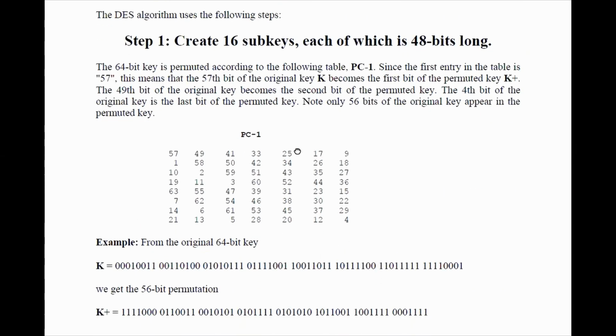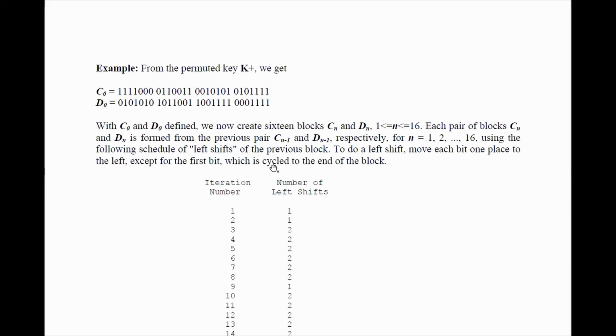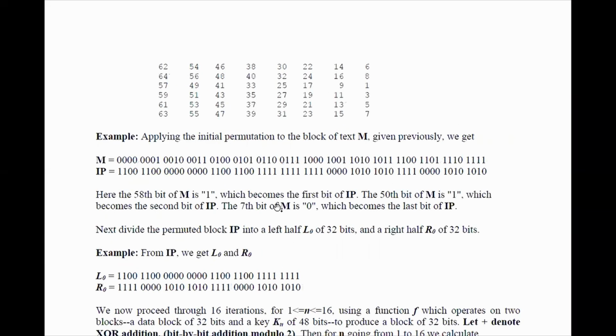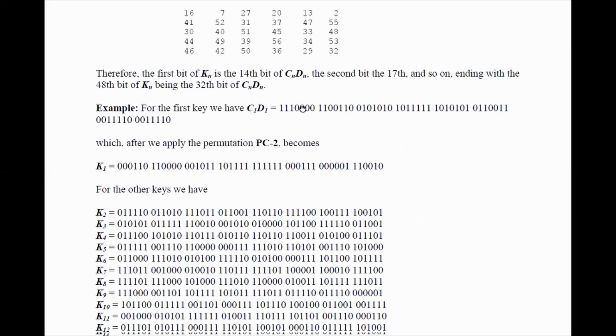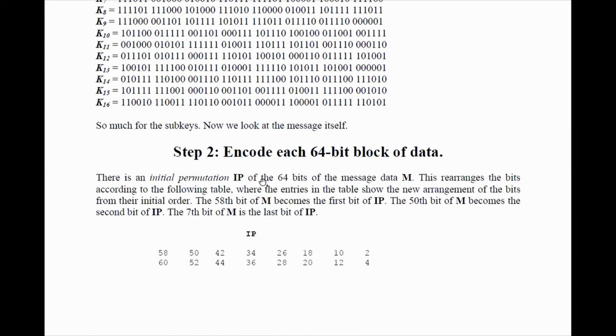Let me take you to this part. Okay, we were looking at the plain text. When you apply the initial permutation IP, what should happen?